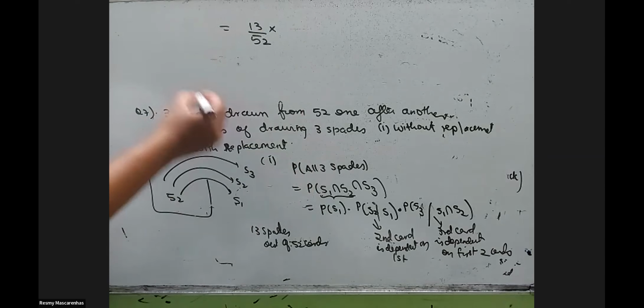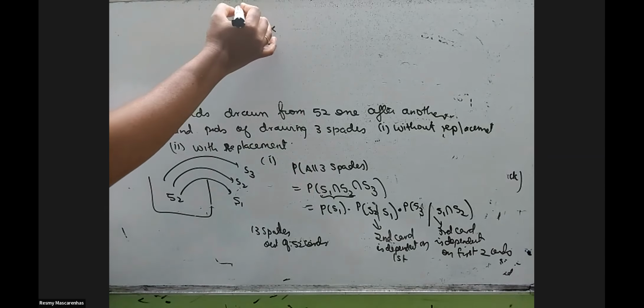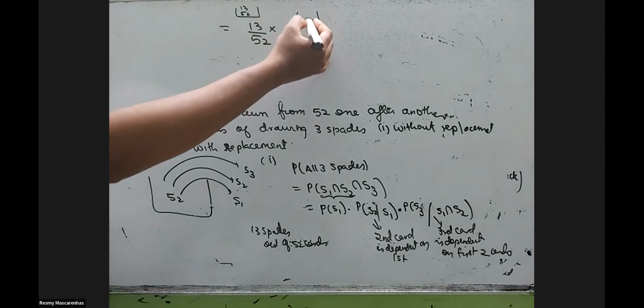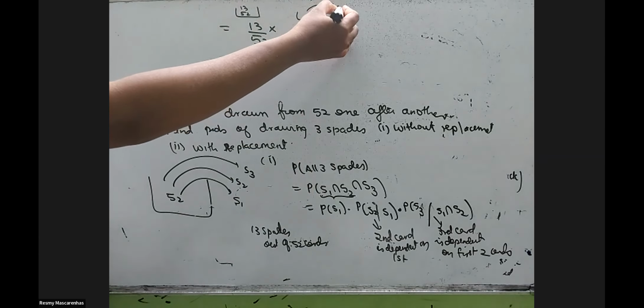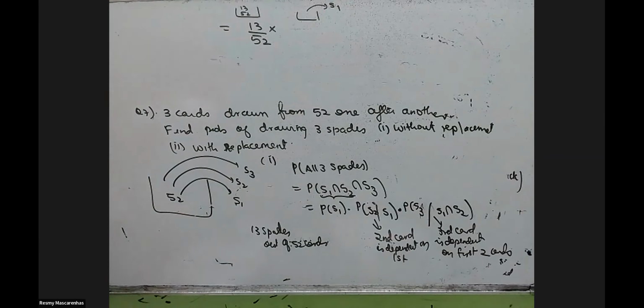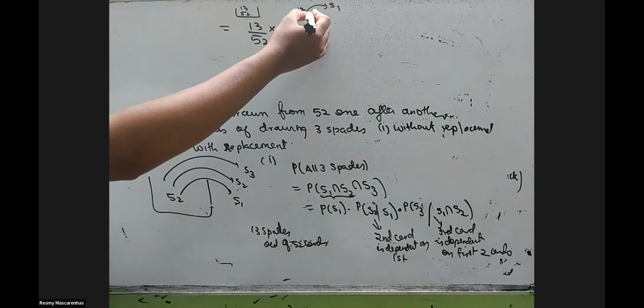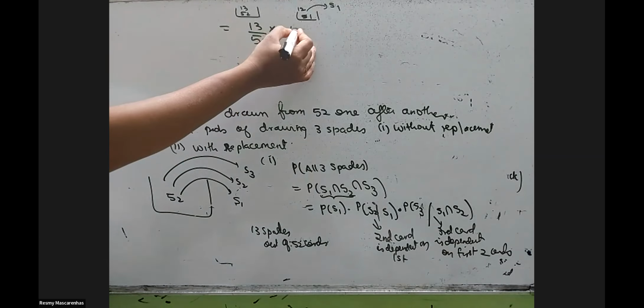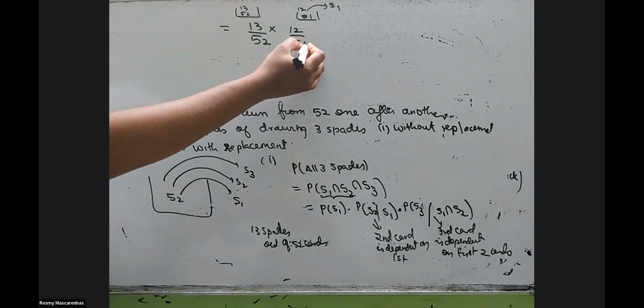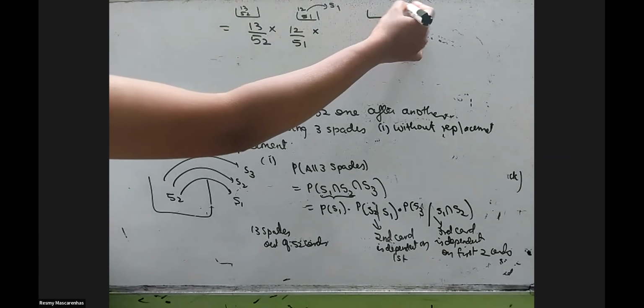Now you're assuming one fellow is gone. So this had all 13 out of 52. Now the second fellow, what is happening? One is already gone. One spade is out, which means you'll have only 12 spades out of a total of 51 cards. Then two spades out.